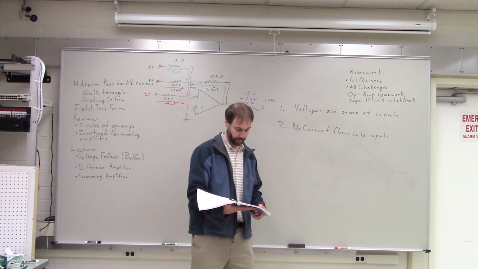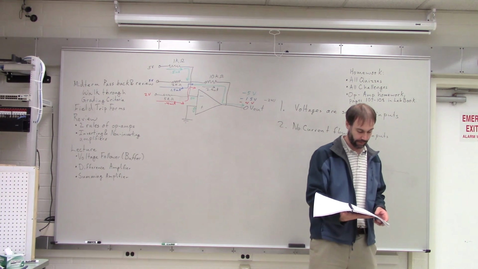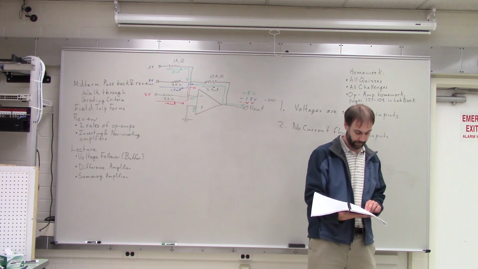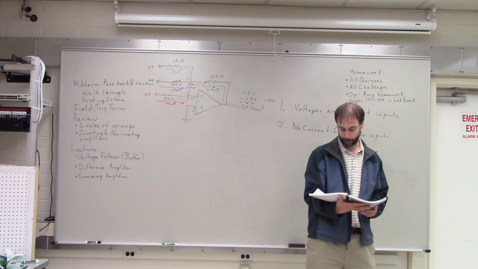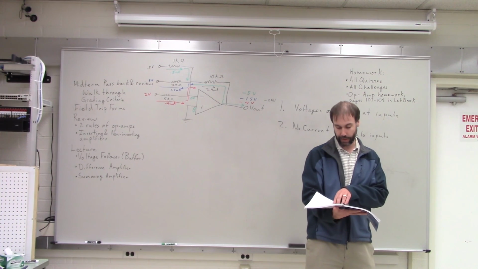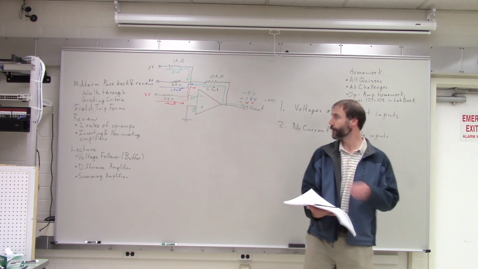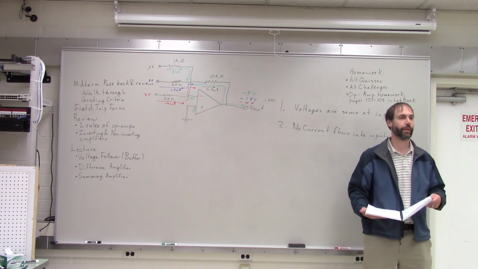For the other two circuits, you're just going to show the input, the gain, and then the output. Okay? You're going to do the actual and the calculated gains on the final circuit here. So any questions about that?